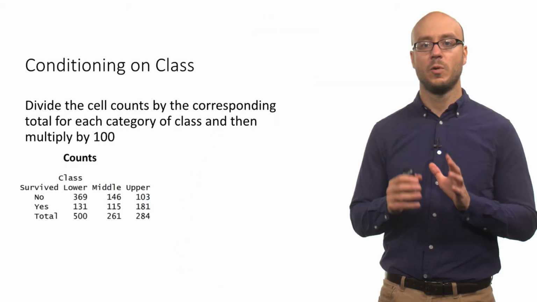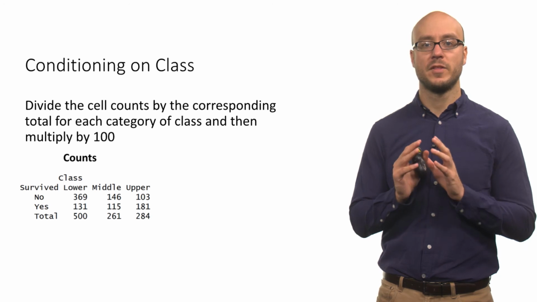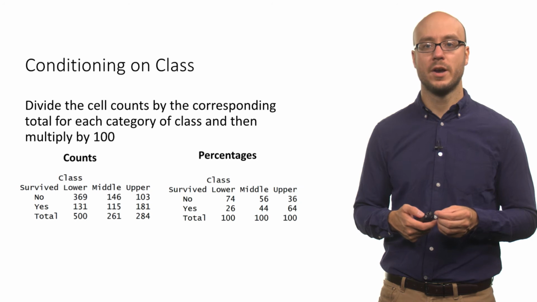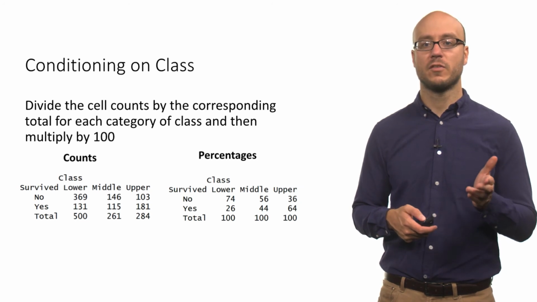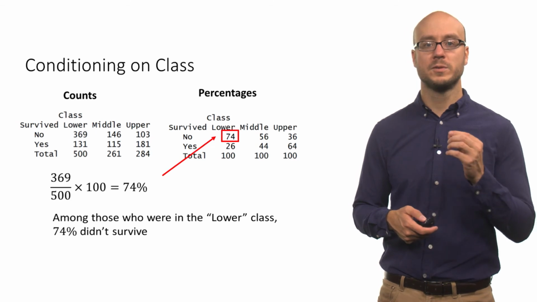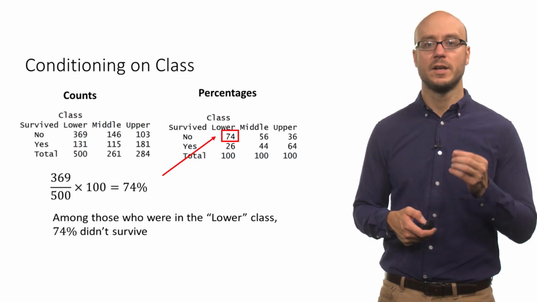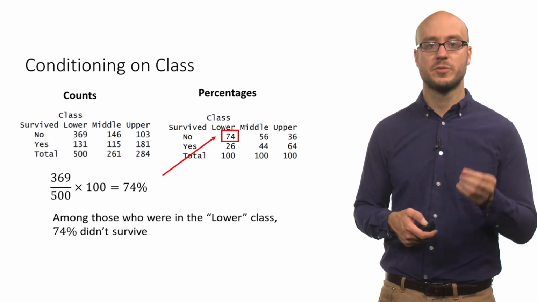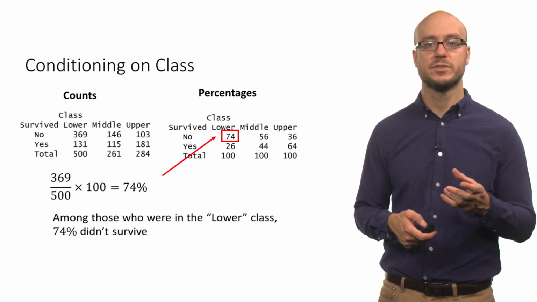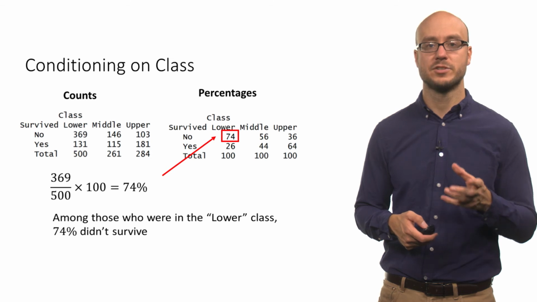Now, a different approach is to condition on passenger class. We'll divide the cell counts by the corresponding total for each level of class and then multiply by 100, which is just converting from counts to percentages. Let's go through a few examples. We take the cell count for this combination, 369, and divide it by 500, the total number of passengers in the lower class.